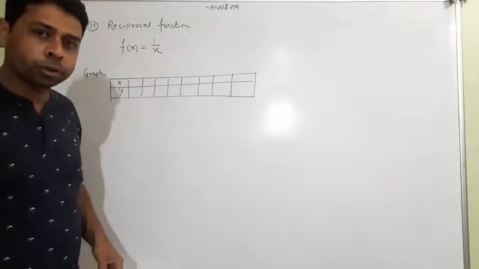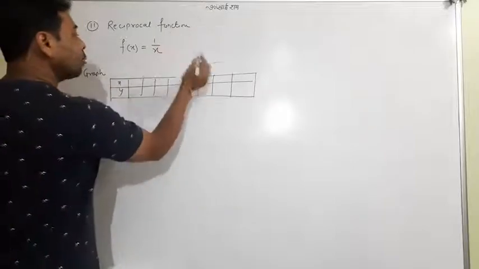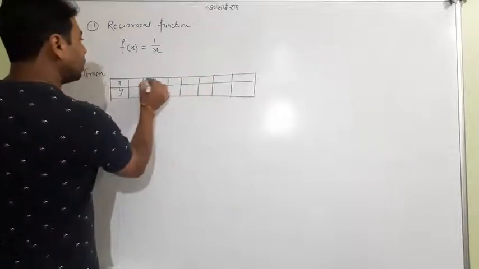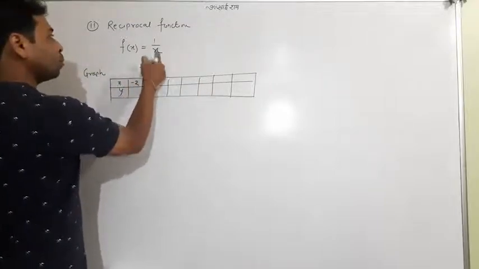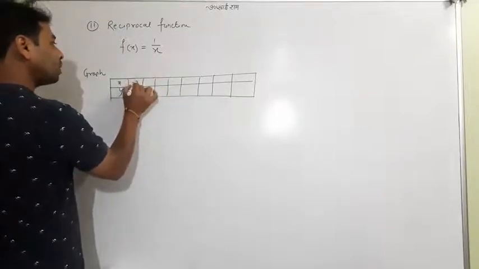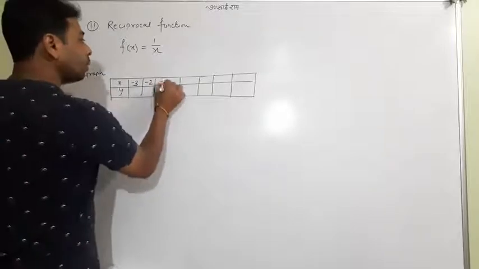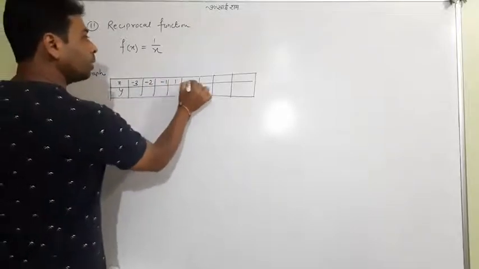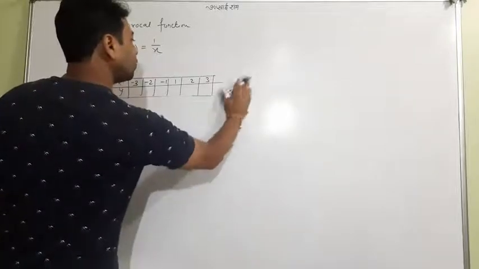So okay, we put some other values. I start with minus 3, then minus 2, minus 1, not 0, but 1, 2 and 3, and I think it is sufficient.